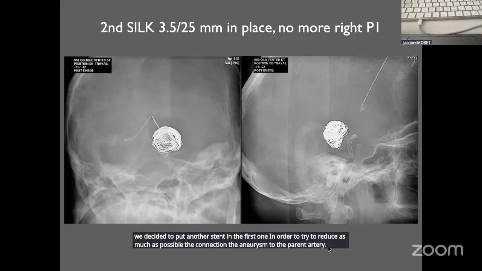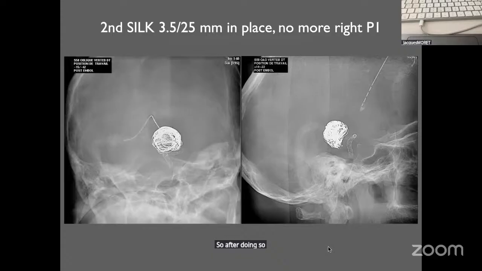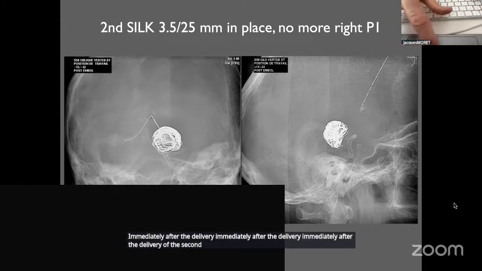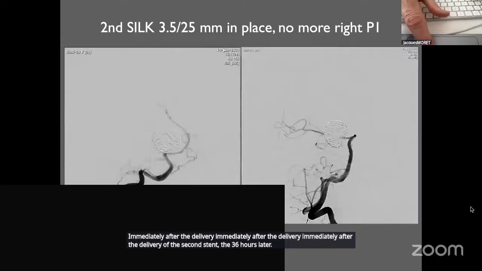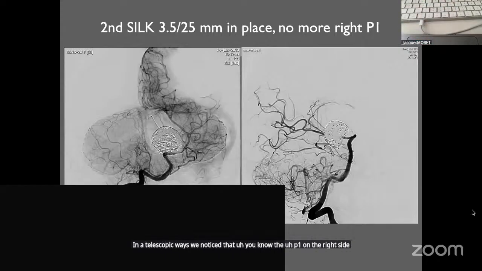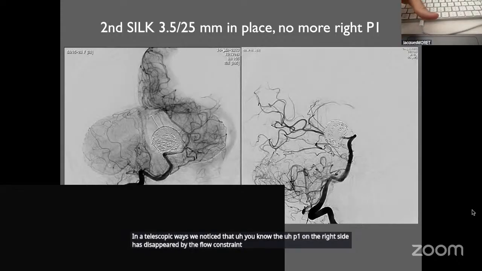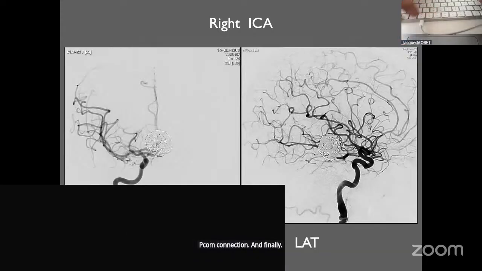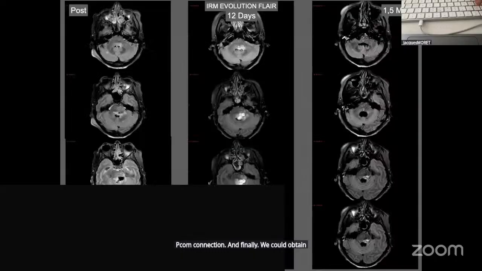So after doing so, immediately after the delivery of the second stent, in a telescopic way, we notice that the P1 on the right side has disappeared by the flow constraint. It's two flow diverters in a telescopic way, which is not too much of a big deal because we know that there was some PCOM connection. And finally, we could obtain a pretty nice exclusion of the aneurysm.